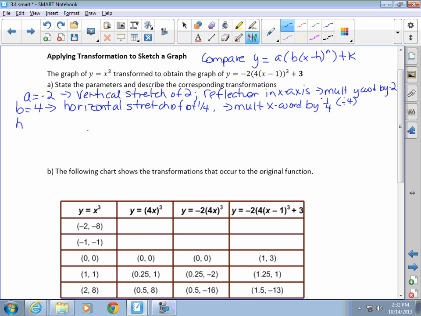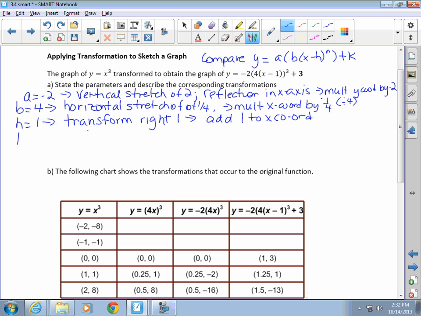My h value is equal to 1. So that means I'm going to translate to the right 1, which means that I add 1 to the x-coordinate.